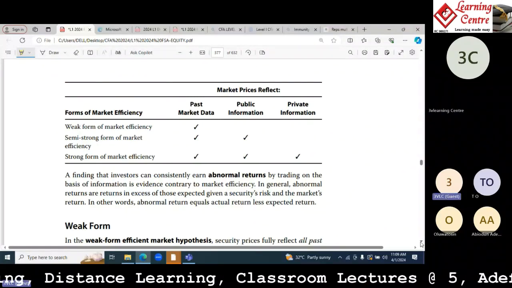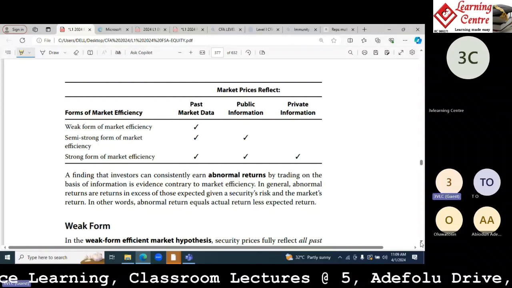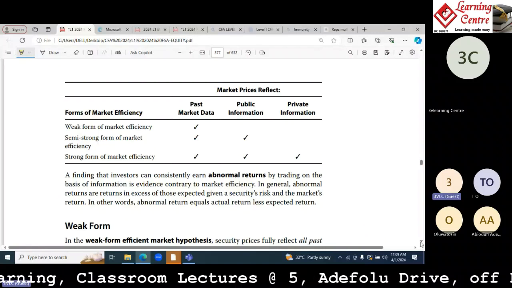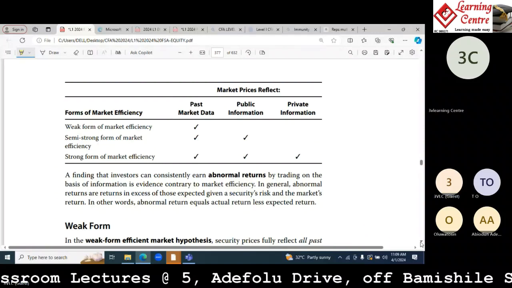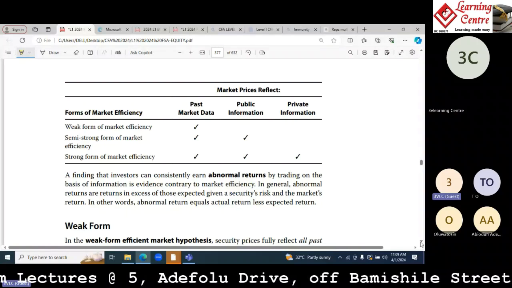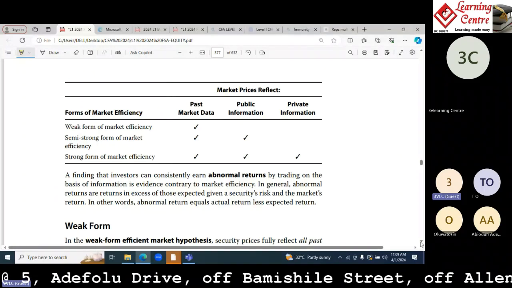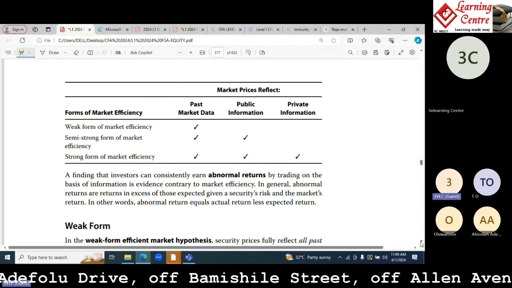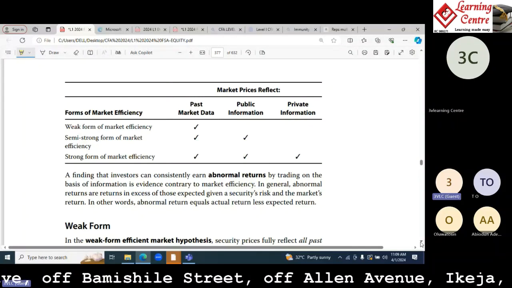What this man is saying is that all information is reflected in price, and that information comprises past market data, public information, and private information. If such a case exists, then we call it the strong form of market efficiency.